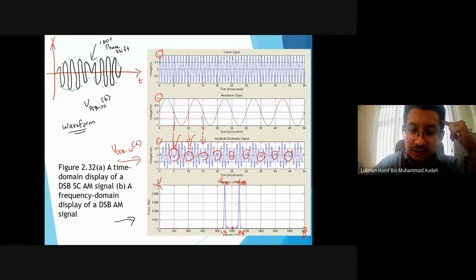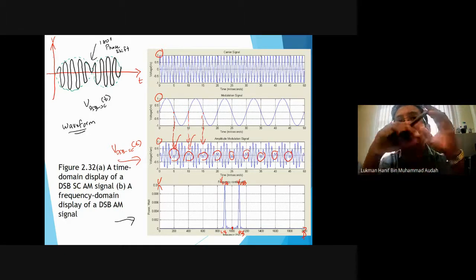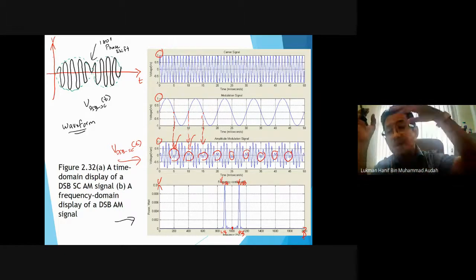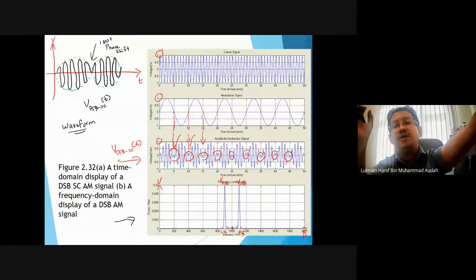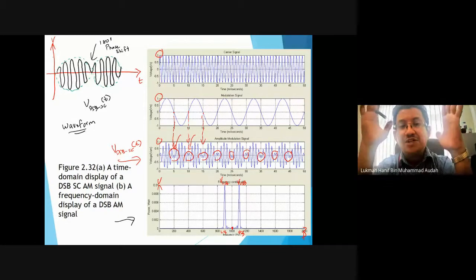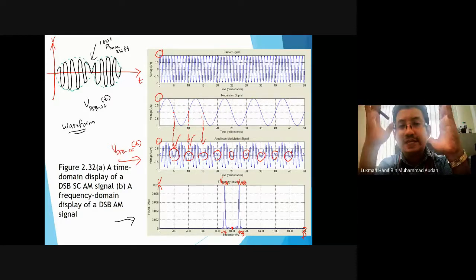So apa bagusnya kalau power of the sidebands are higher? That means we can transmit the information with a higher power. Okay, kita boleh hantar lebih jauh, because information is contained in the sidebands only. Information terkandung dalam sideband.